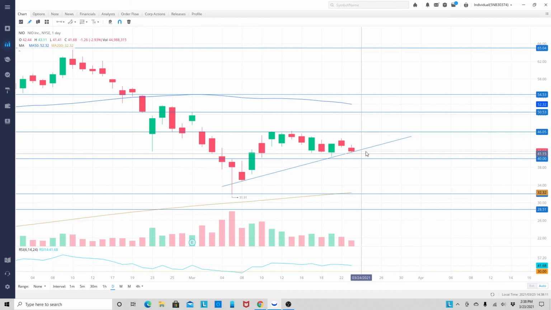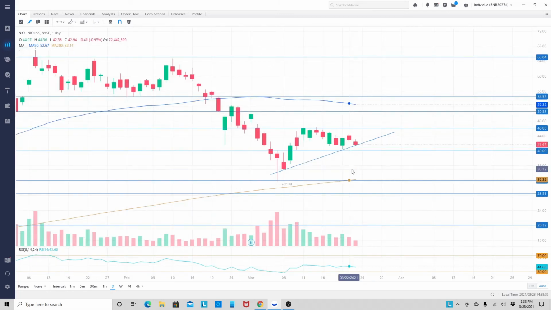But if it does hold our support, I think we will easily break through this resistance right here at 46, possibly even test this $50 resistance and move on to our 50-day moving average right in there. So hopefully it does stay on that trend line and continue to move higher. If it doesn't, it would be bad news, and I think we're going to be headed lower. So that would be a thing to watch in the next couple days.